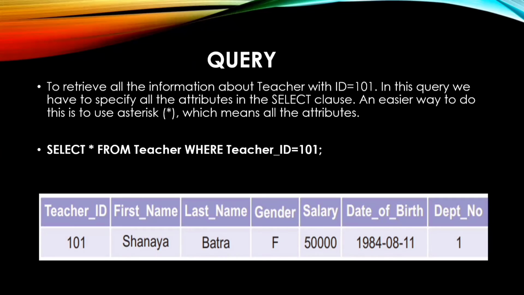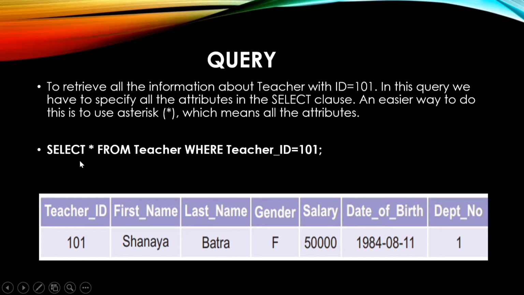Next, let us see a query. Query means what? Command. To retrieve all the information about the teacher with ID equal to 101, you have to use this command. In this query, we would have to specify all the attributes in the select clause. An easier way to do this is to use an asterisk, which means all the attributes.